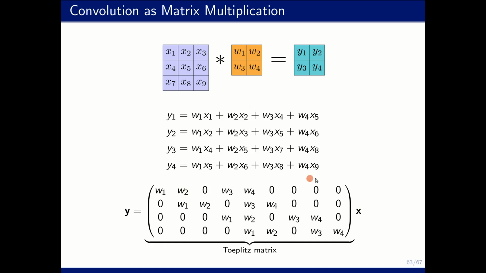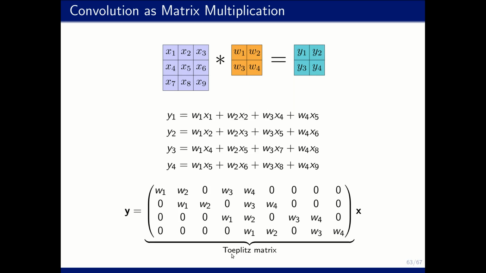So we have this matrix times our input vector gives our output vector. Double check that the system of equations corresponds to this convolution and also to this matrix multiplication.